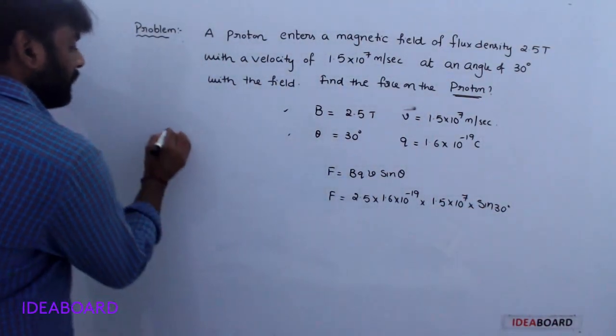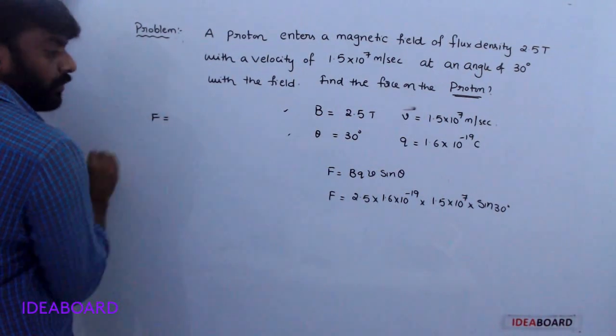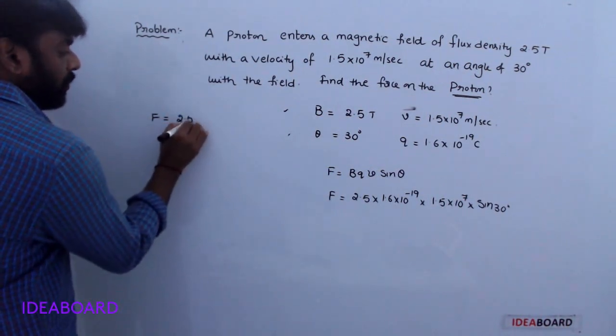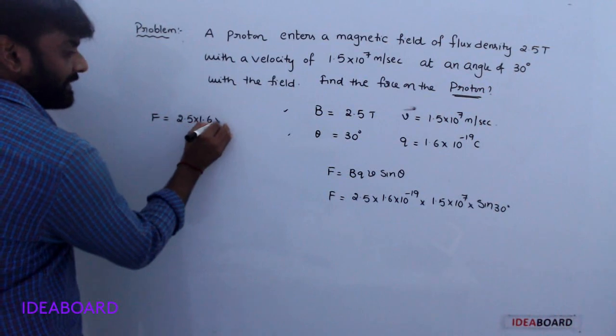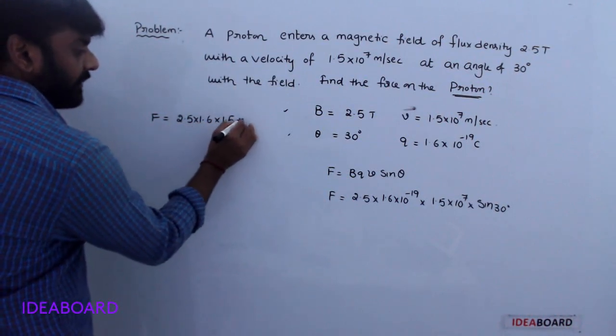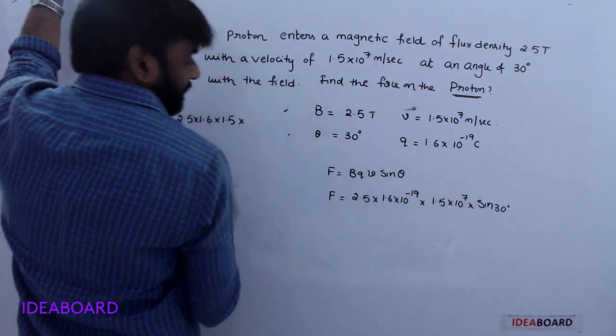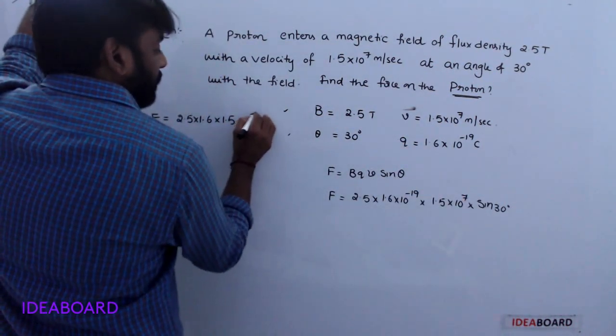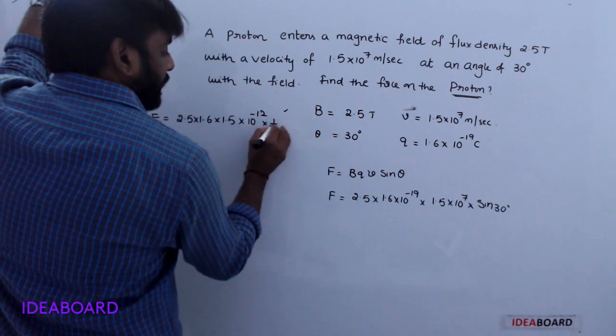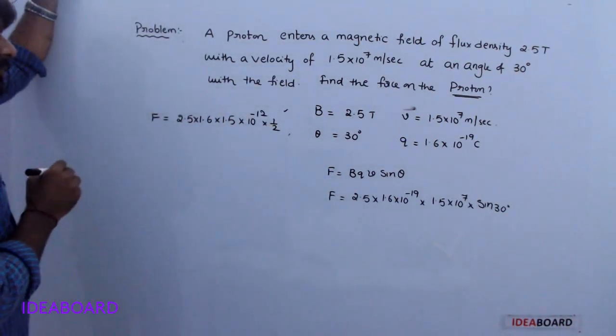So F is equal to 2.5 into 1.6 into 1.5 into 10 to the power of minus 19 plus 7, that is 10 to the power of minus 12, into 1 by 2.